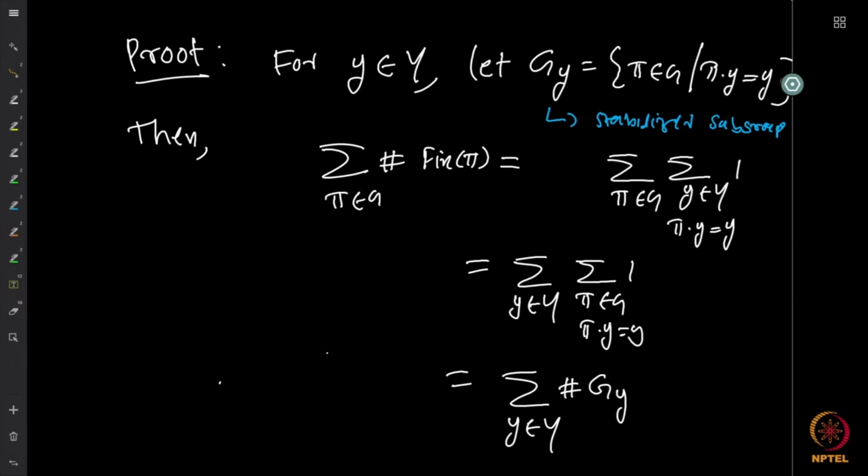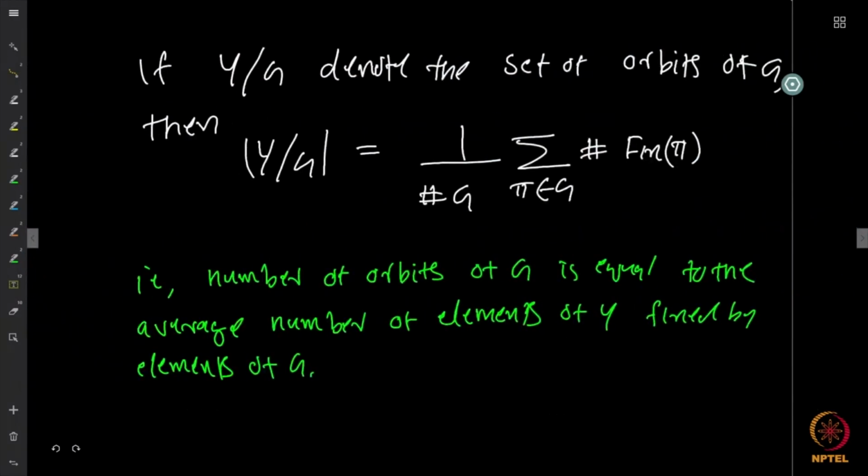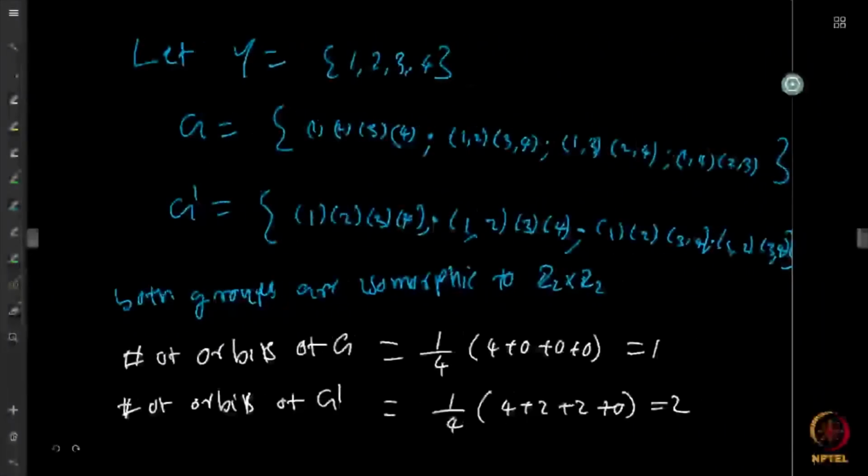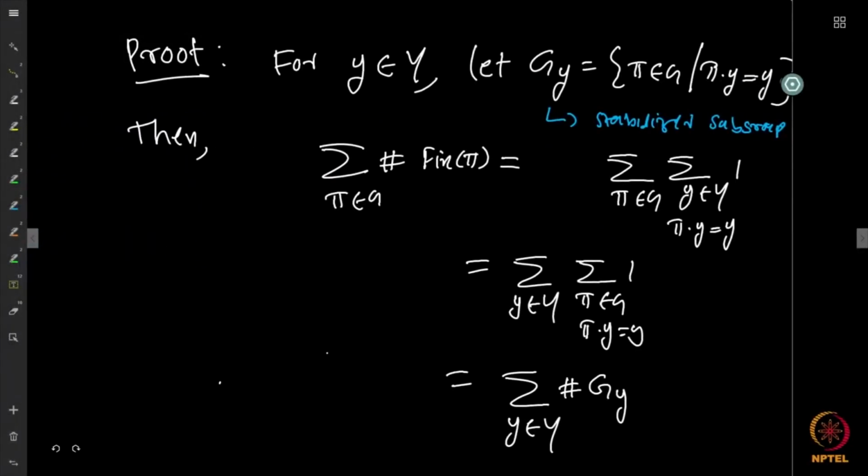Then to calculate this sum, 1 by mod G summation over π in G of the cardinality of Fix(π), let us sum over all elements of G the cardinality of Fix(π).